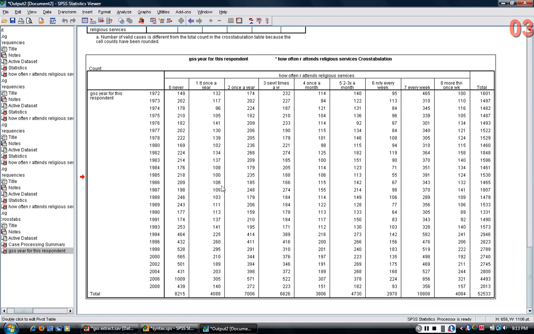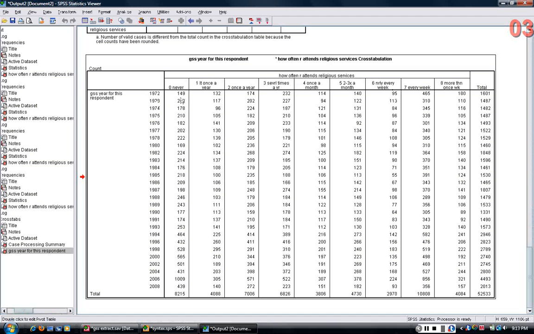If we're just looking at the numbers, we really can't say a whole lot about what's going on, because different numbers of people were interviewed in each year. 1,601 people answered the question in 1972, whereas 4,493 people answered the question in 2006. So these numbers alone really can't be interpreted. They don't tell you anything.